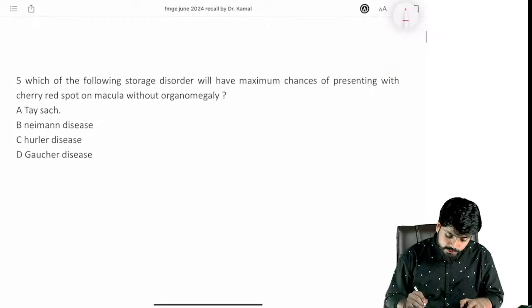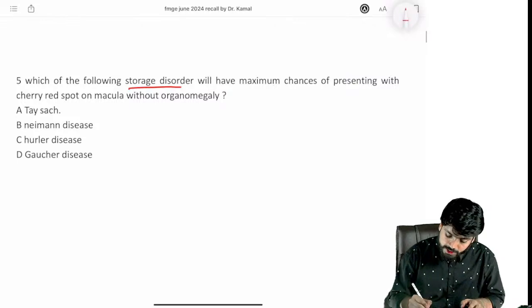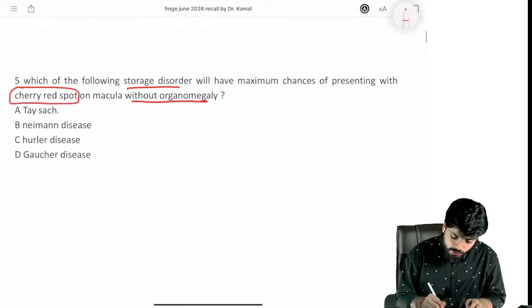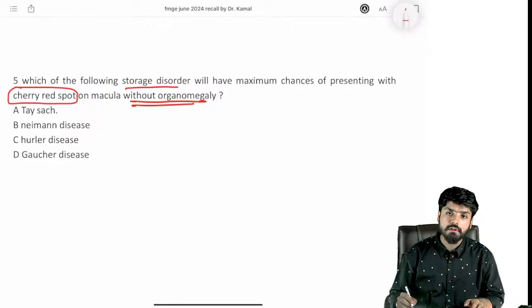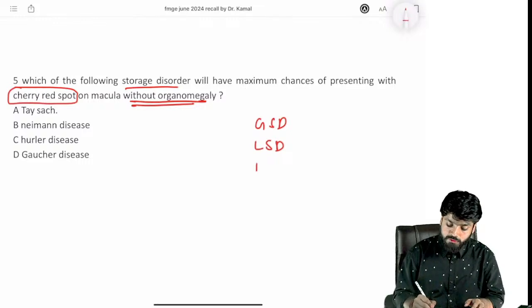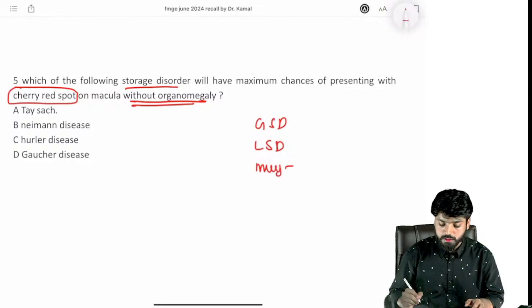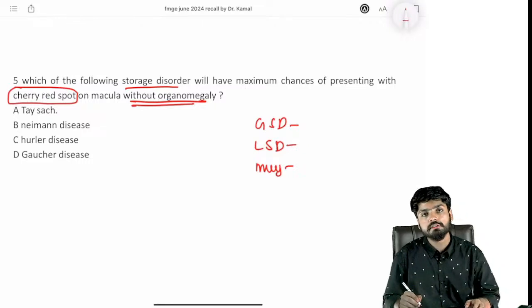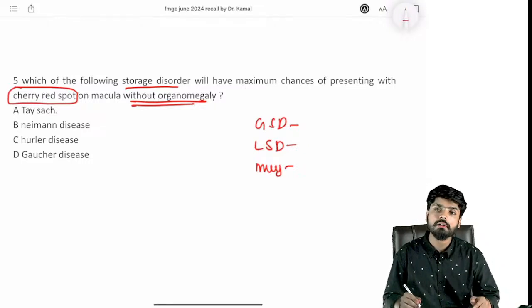Which of the following storage disorder will have maximum chances of presenting with cherry red spot without organomegaly? You have to remember that we have glycogen storage disorder, lysosome storage disorder, and mucopolysaccharidosis. In these we have characteristic symptoms. For glycogen storage disorder, either it's going to be liver related or muscle related.